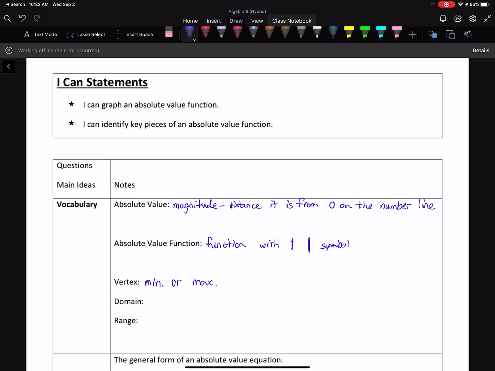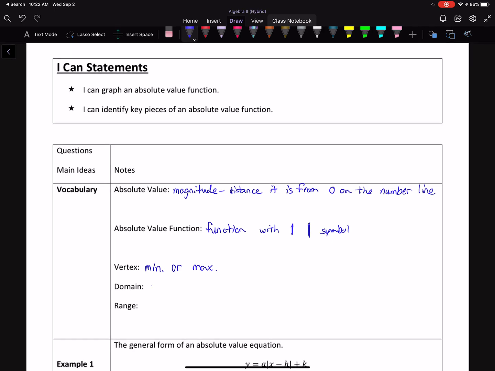And just a good review of domain and range. The domain is all possible inputs, which, fun fact for you, is going to be all real numbers for absolute value functions.